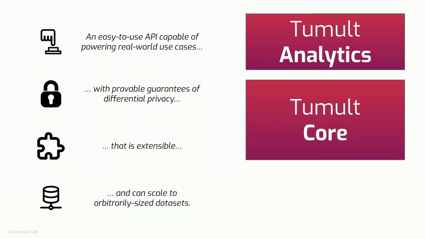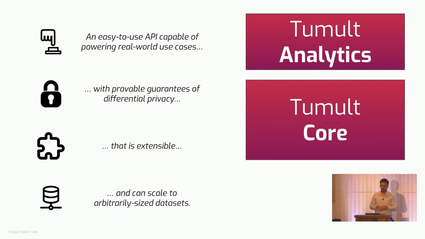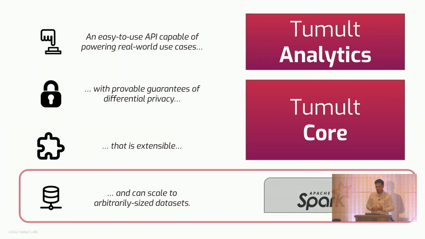But the Analytics layer takes this functionality and packages it to support common workflows that we see and make it more usable. So the Analytics layer provides usability, the Core layer gets us provable privacy and extensibility, and to achieve scalability, the platform is integrated with Spark.